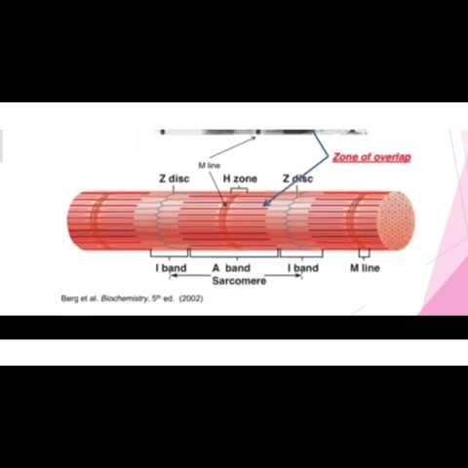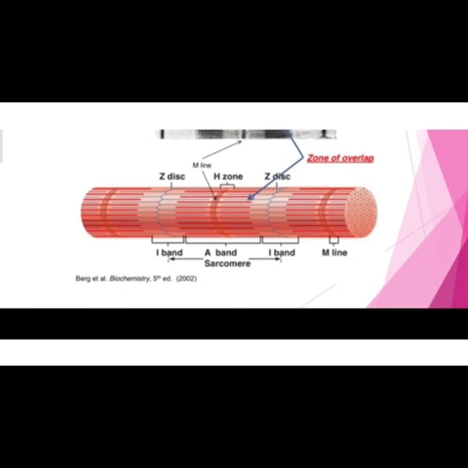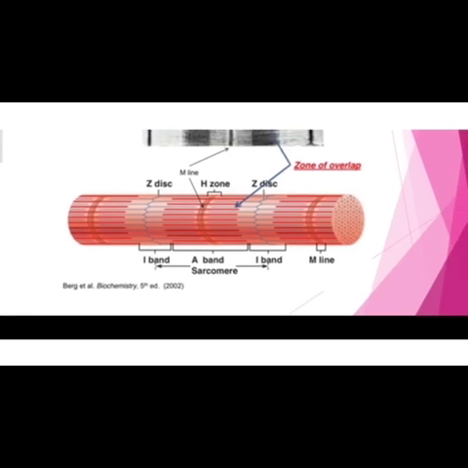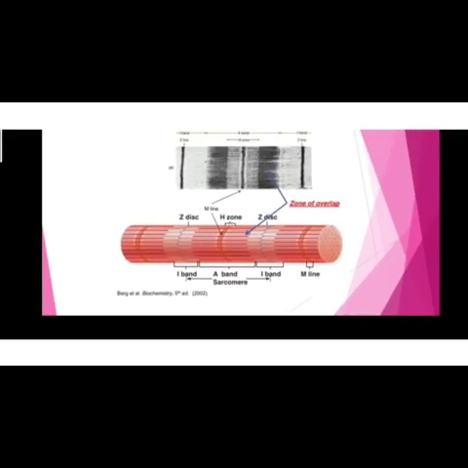And there is the I band, which is the light band, and the A band, which is the dark band. Now one technique to remember the I band and A band, that is the dark and light band: A band and I band. A is dark band and I band is light band.